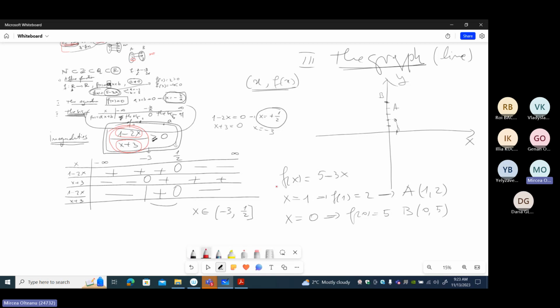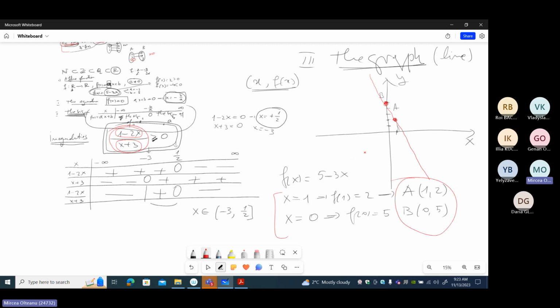And now the graph will be the straight line which passes through these 2 points. Something like this. It doesn't matter what our particular points are. If I take another value for x, I get other points, but the straight line will be the same.